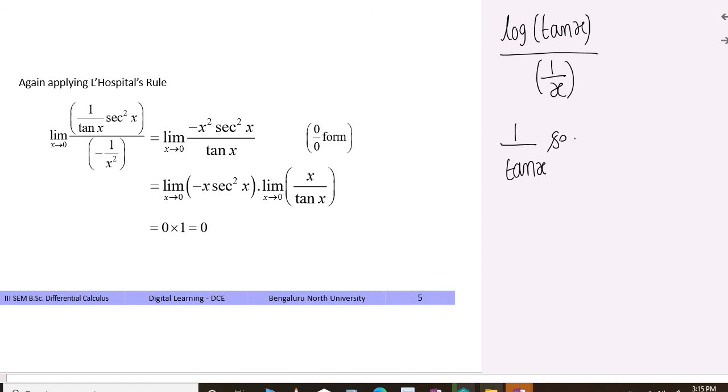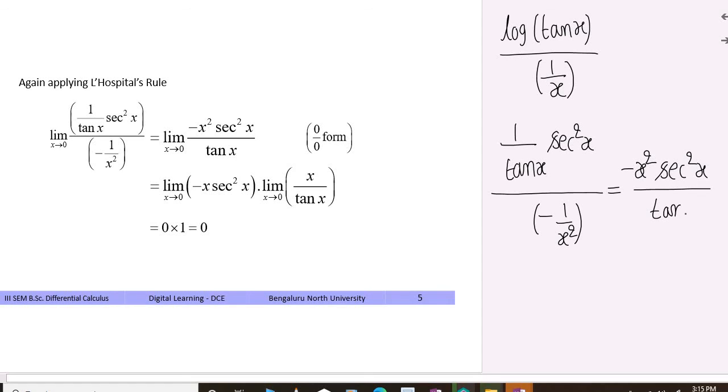Tan x differentiation is secant square x. 1 by x differentiation is minus 1 by x square. After rearranging, we are going to get minus x square secant square x divided by tan x. Now I substitute x equal to 0. 0 into anything is 0. Tan 0 is 0. This is also an indeterminate form.